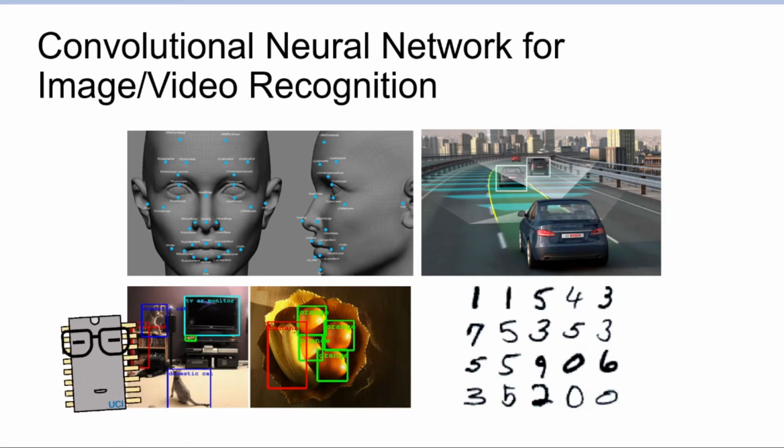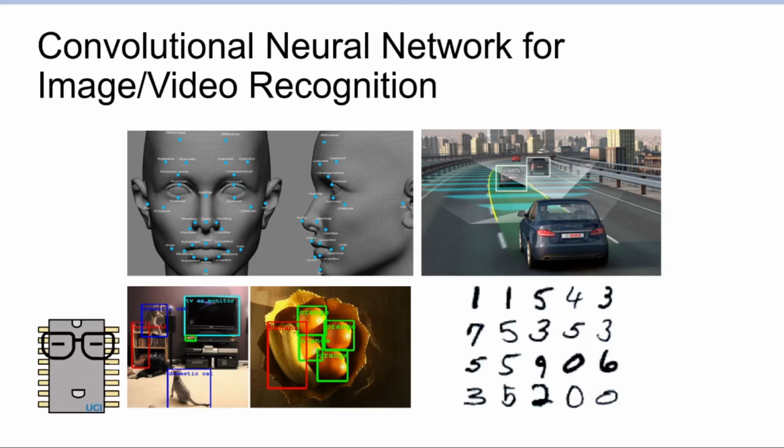There's no point trying to point out every single application in which neural networks are useful. So I won't. This is just a very small example of the things that people are working on.